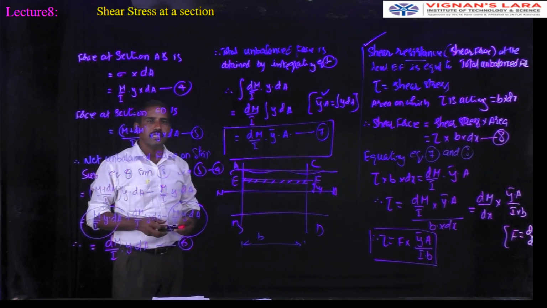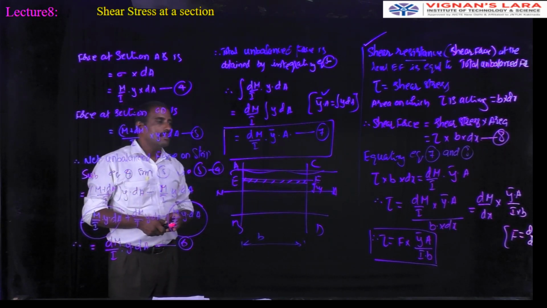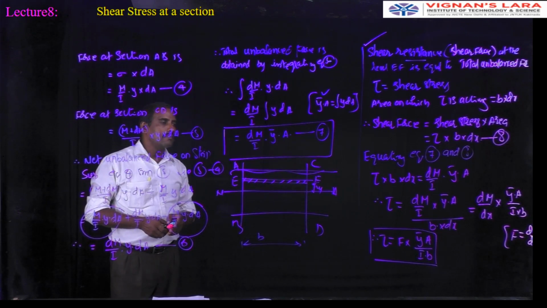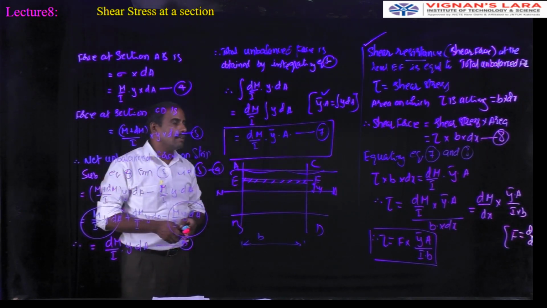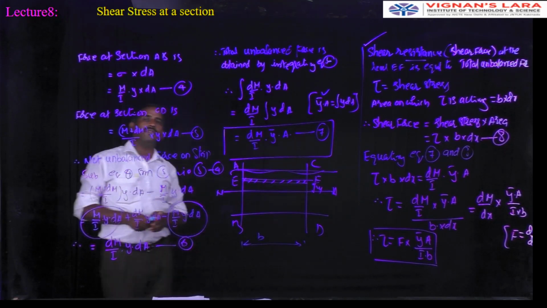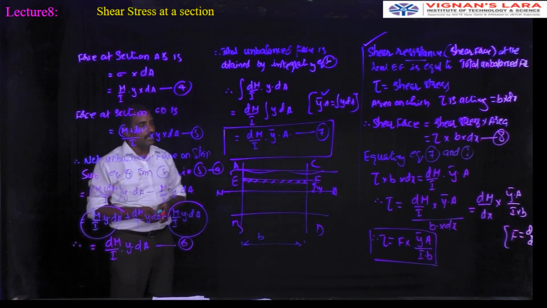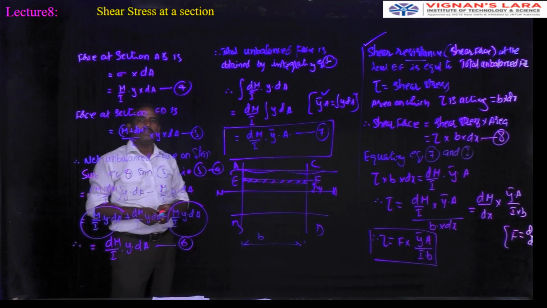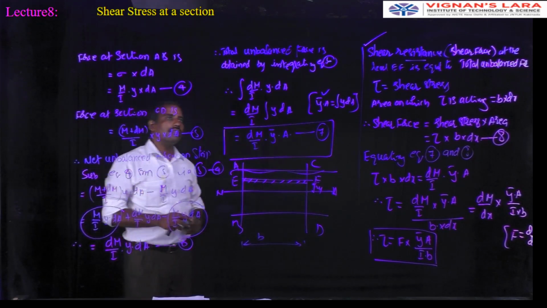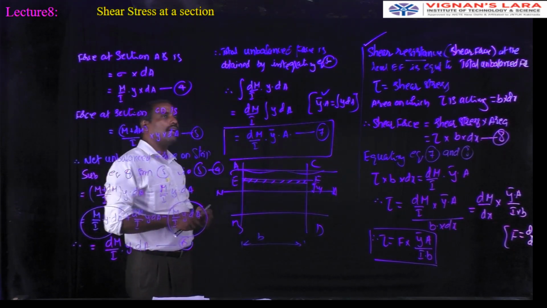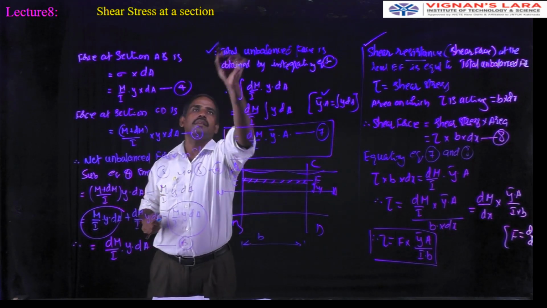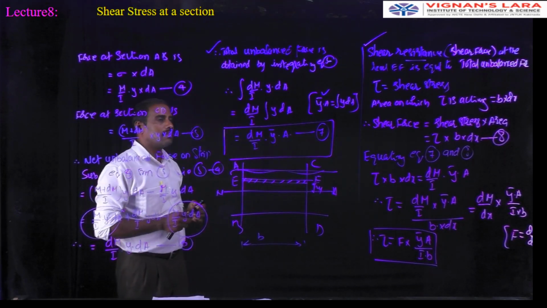Similarly, the stresses at the sections AB and CD are sigma and sigma plus d sigma, and the shear force is F plus dF. We know that. Then we have to find out the total unbalanced force, that is represented by equation number 7.